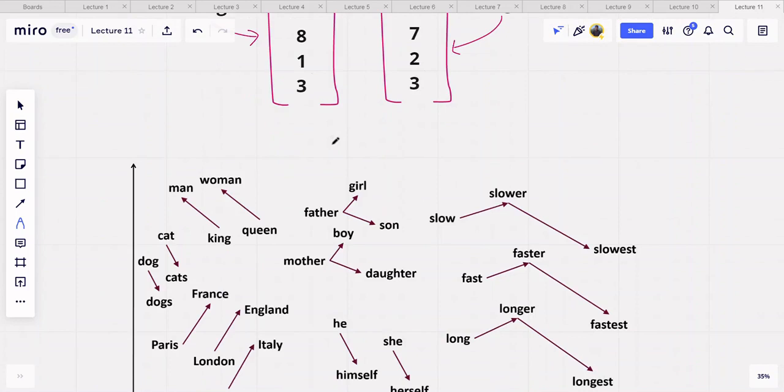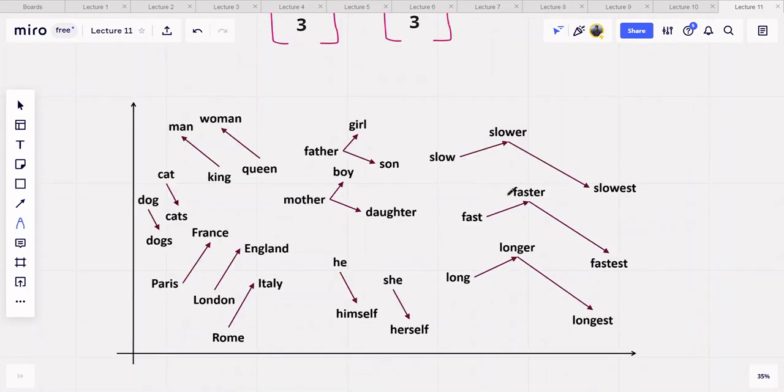Again, there is father and boy. Father and boy are not very different from each other, so their vectors will have very close values.